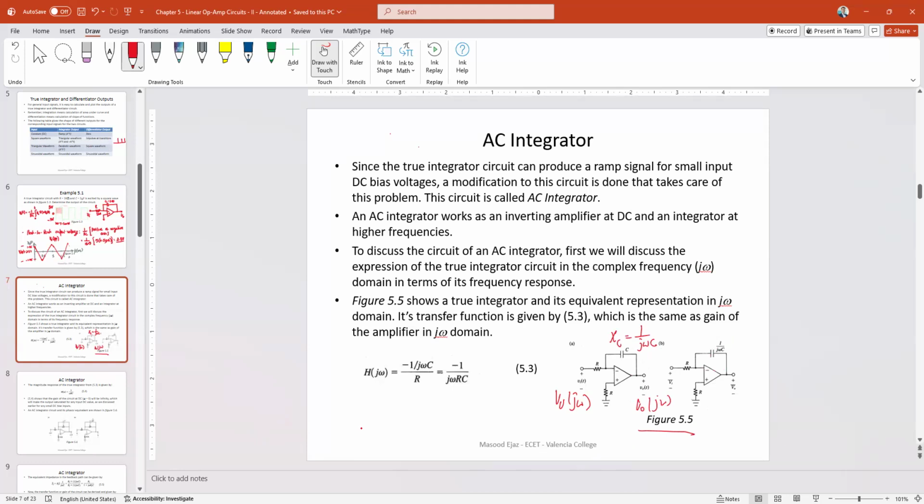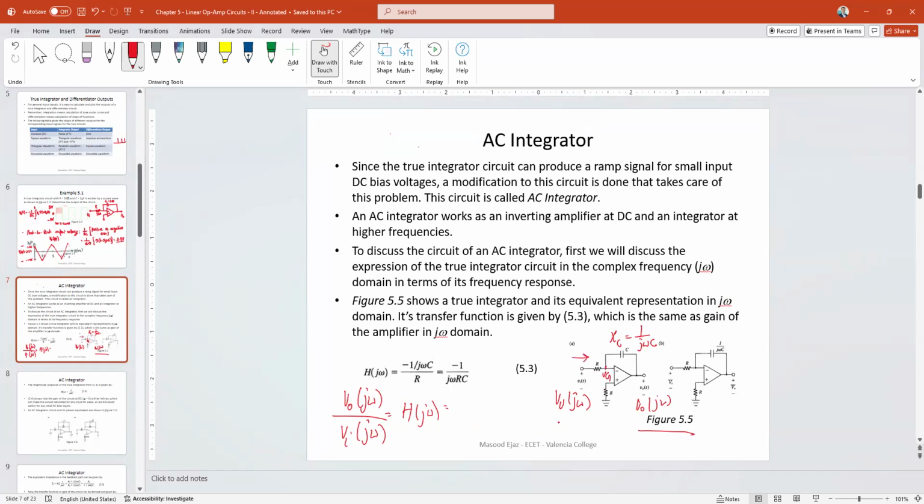When you write down the transfer function, transfer function and gain are the same thing here, V output j omega over V input j omega, the ratio between the output and the input, which is H of j omega. And we are going to apply KCL at the inverting input where you have virtual ground.